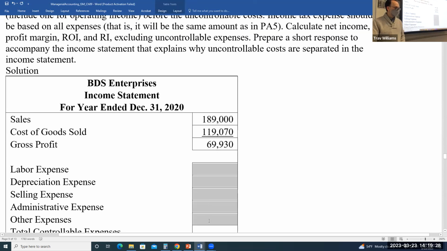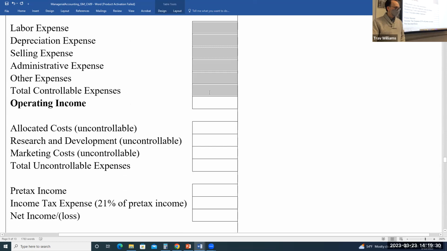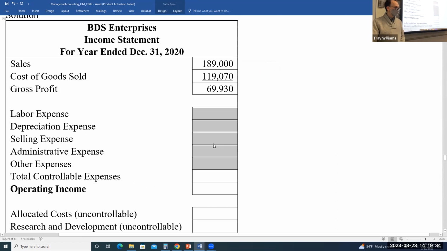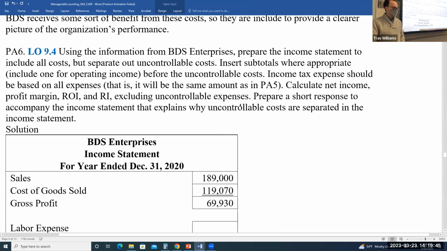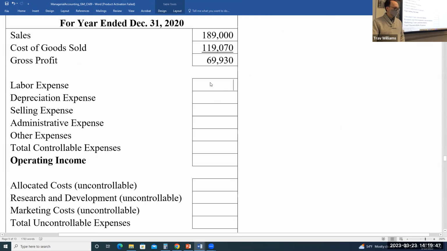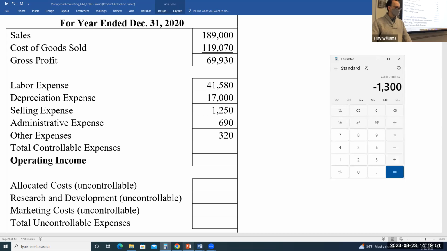Next section, we've got labor down to administrative expense. So all of the controllable costs. Got labor down to other, it looks like. Okay, so now we need a total of those costs, which again does not include the uncontrollable costs.